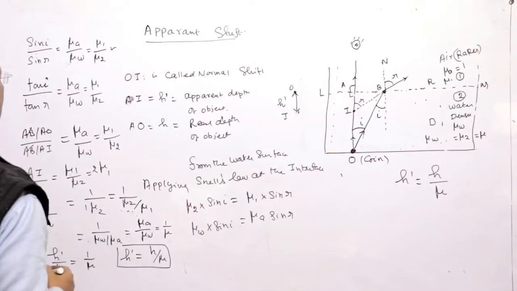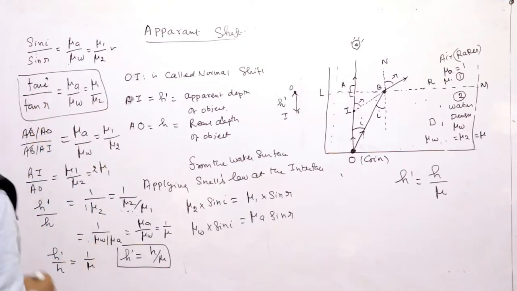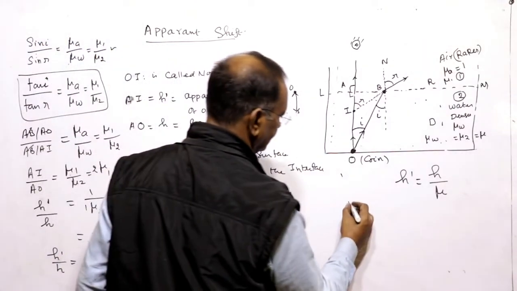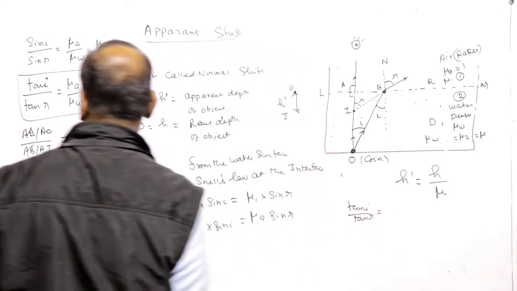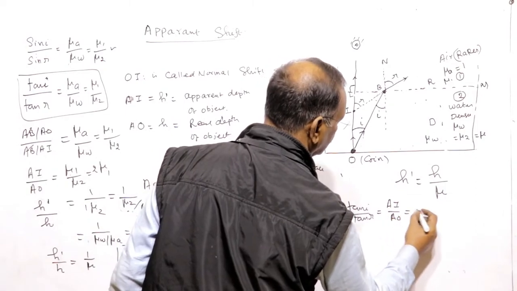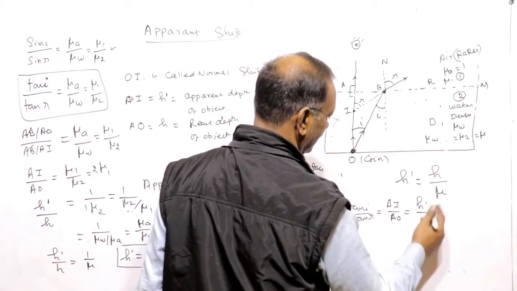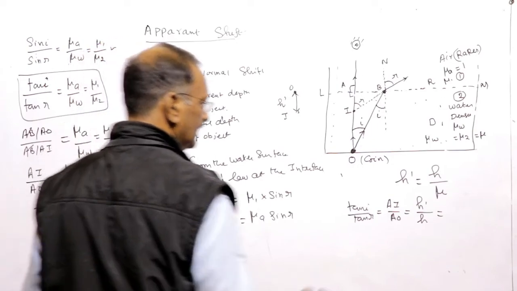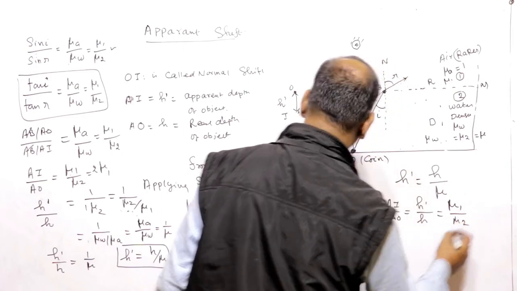From the first equation, tan I by tan R is equal to AI by AO, which is equal to the apparent depth divided by the actual depth, which is equal to the refractive index of the first medium and the refractive index of the second medium.